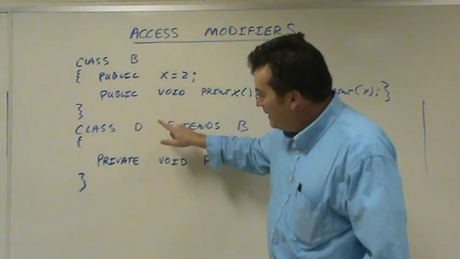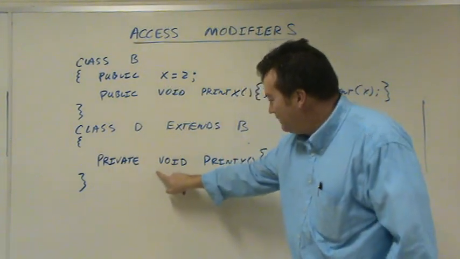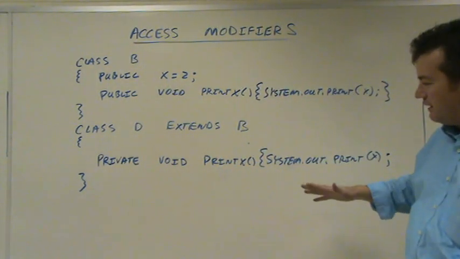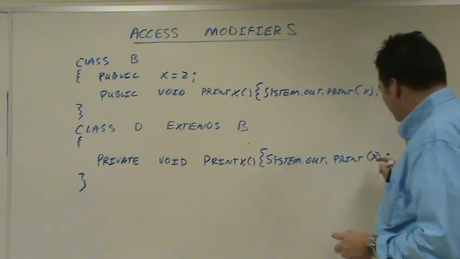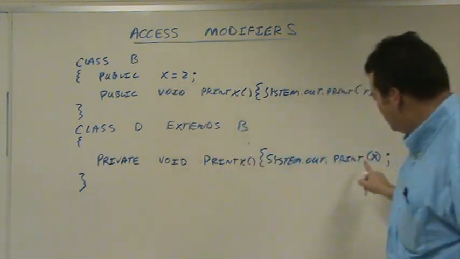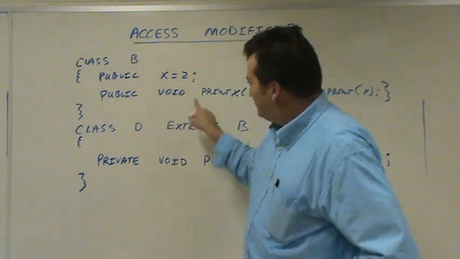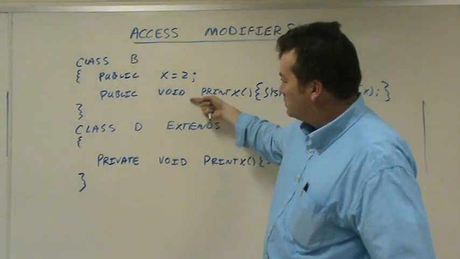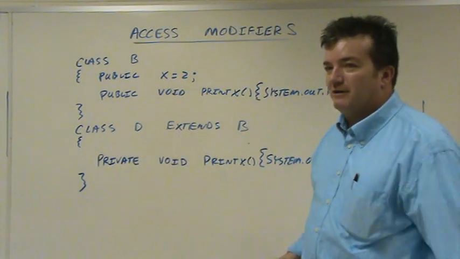In the inheriting class, class D extends B, I have the same exact method. So really I'm just overriding the method, and it even does the same exact thing. It prints out the value of X. That's the reason I made it public, because I want this thing to be able to have access to it. But what have I done here? I've taken this method which I inherited, which was public, and I'm attempting to convert it to private.